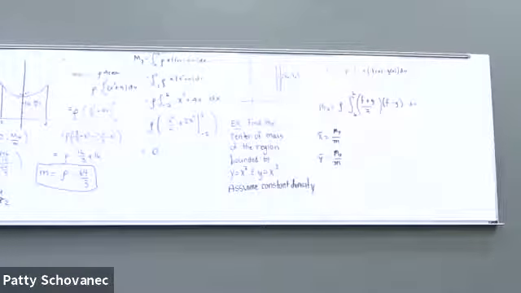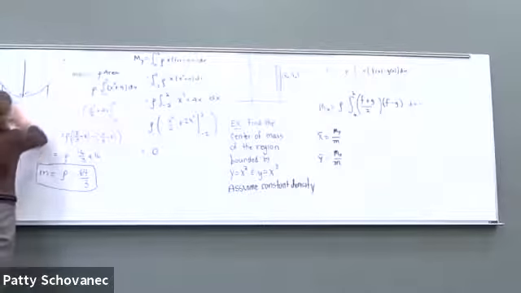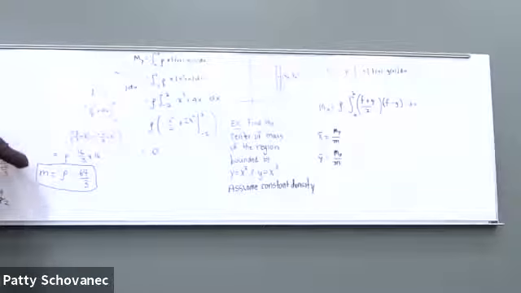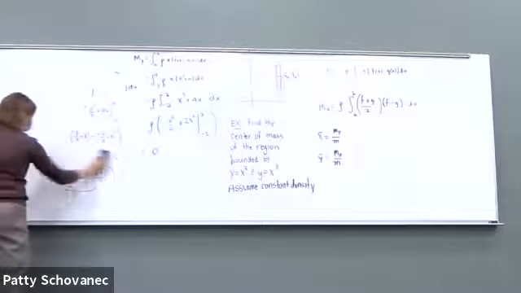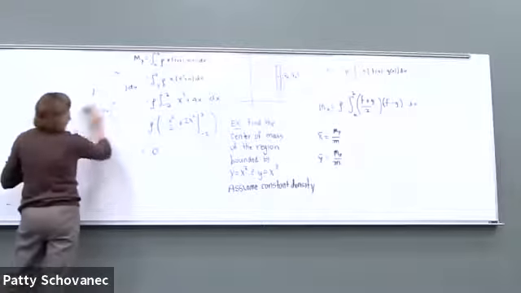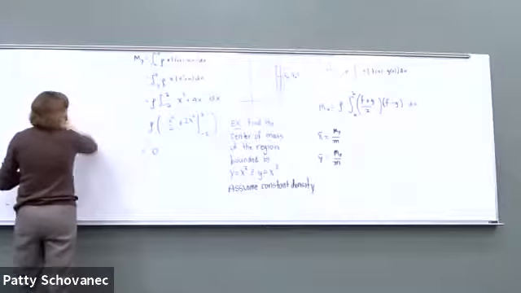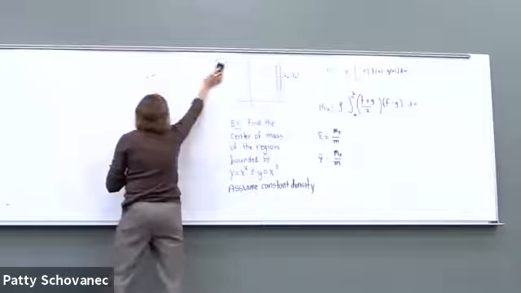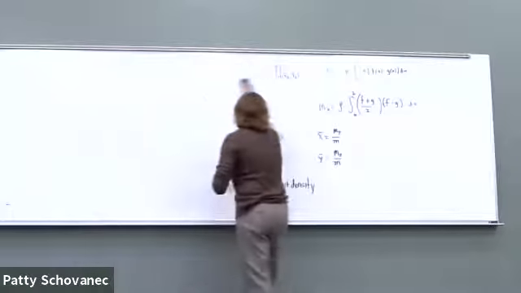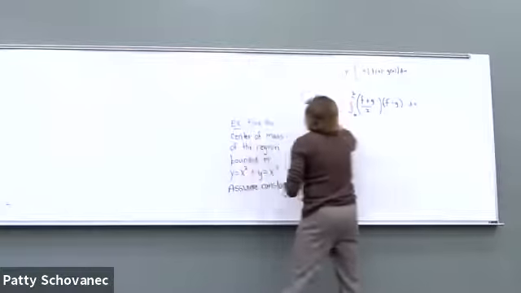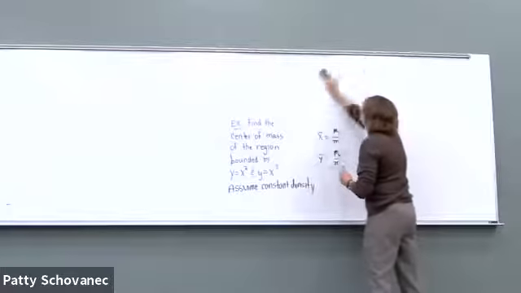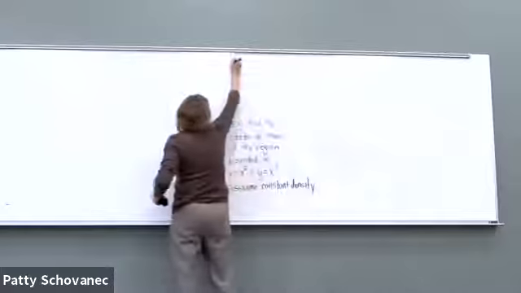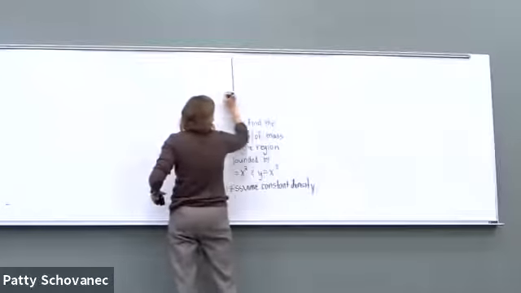Draw that region up over here. They intersect at (0, 0) and (1, 1).